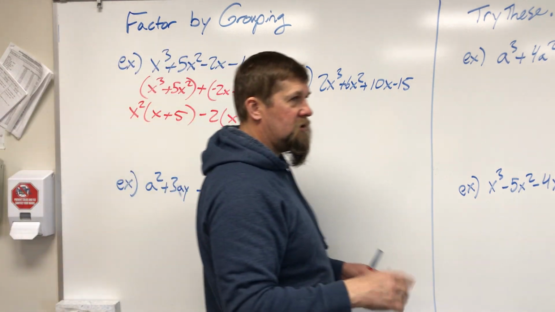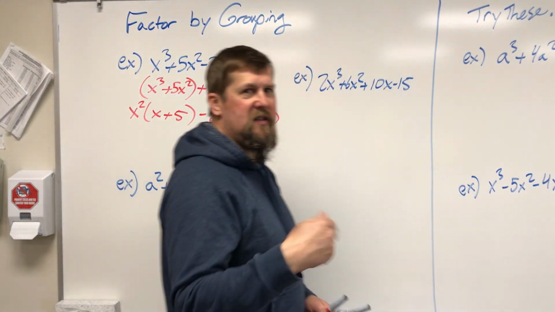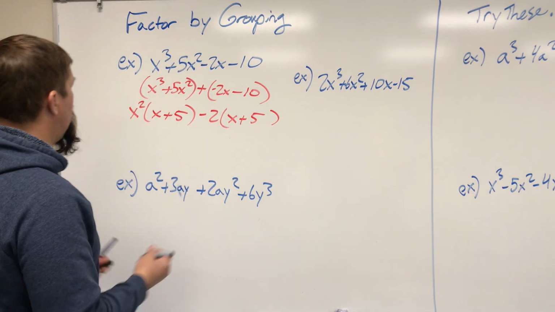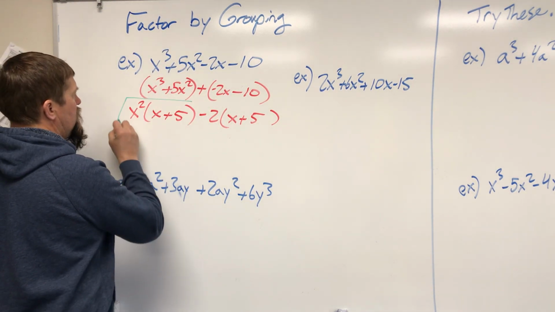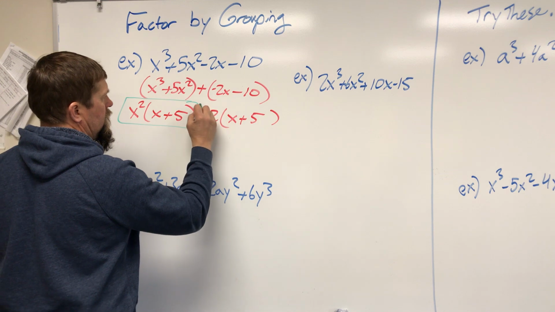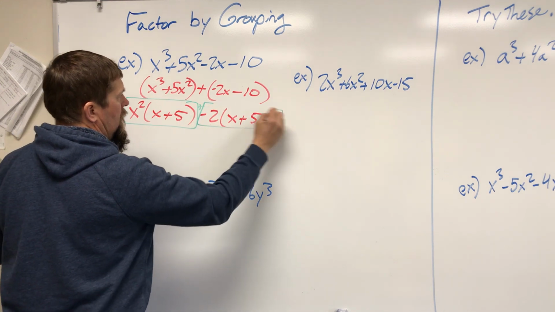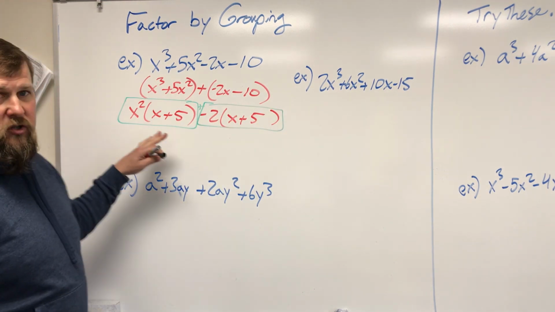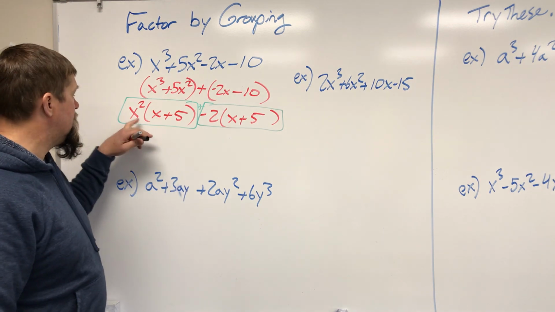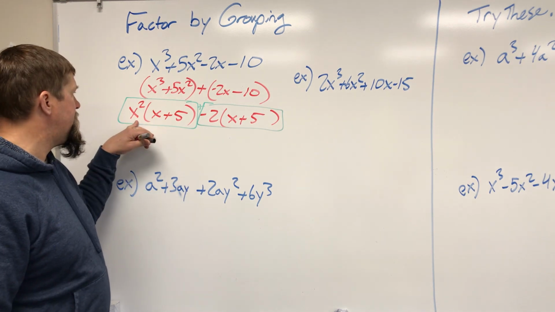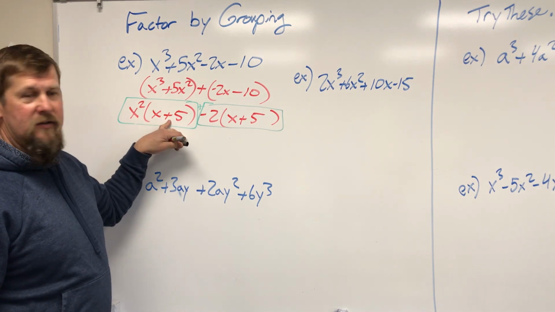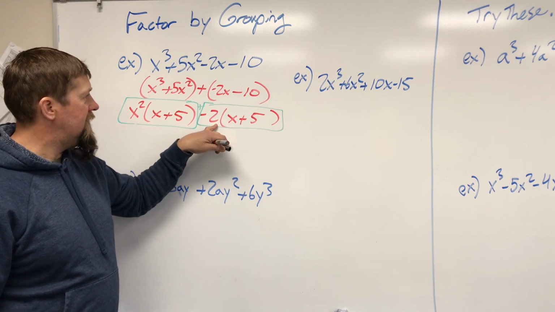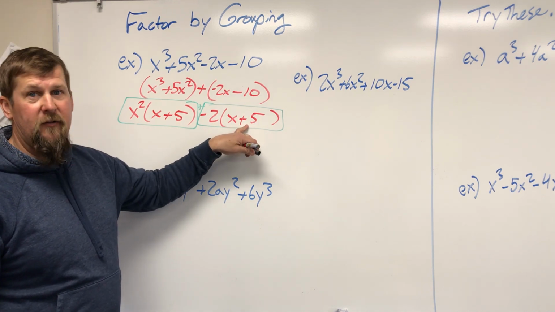Okay, so here's the tricky part to see. Once you see this, you get it. Right now we've got basically 2 groups. Each group has 2 factors, or 3 in this one, but 2 factors. X squared is a factor, and x plus 5 is a factor. This group has negative 2 as a factor, and x plus 5 is a factor.